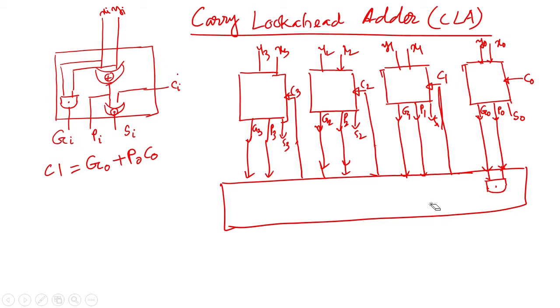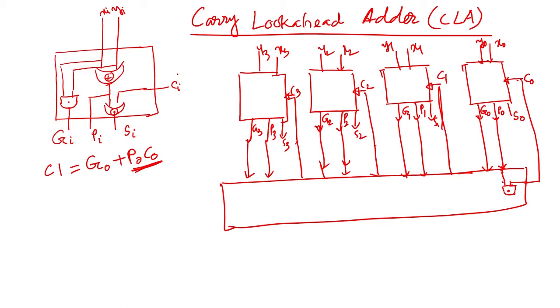Okay, I made a mistake here. What we have to do is take C0 here. So, you have C0 here, and we have an AND gate here that will give you P0 C0.